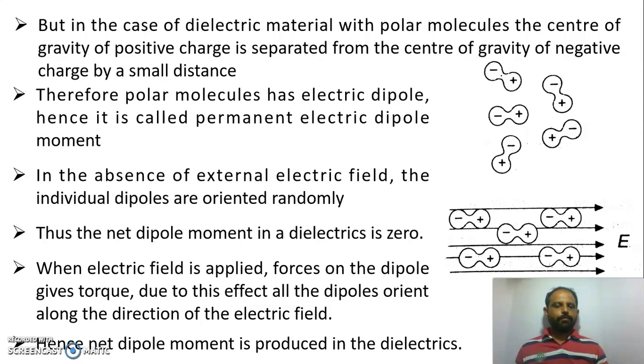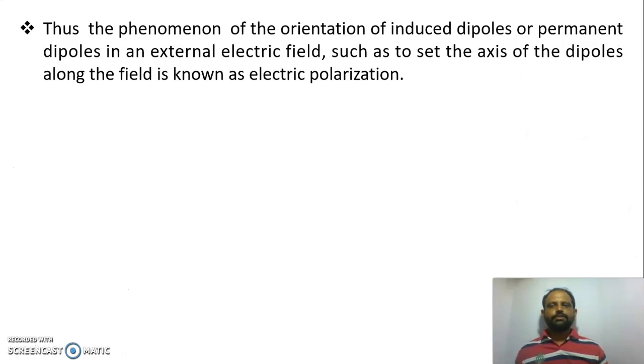Hence, the dipole moment is produced in the dielectric materials. Thus, this is the phenomenon of orientation of the induced dipoles or the permanent dipoles in an external electric field.